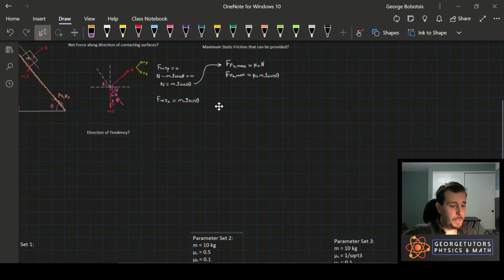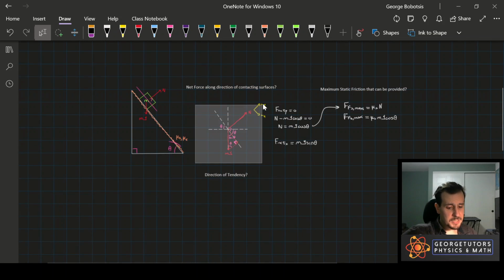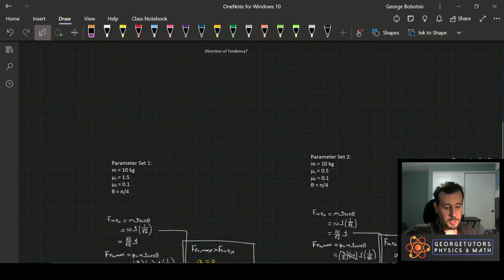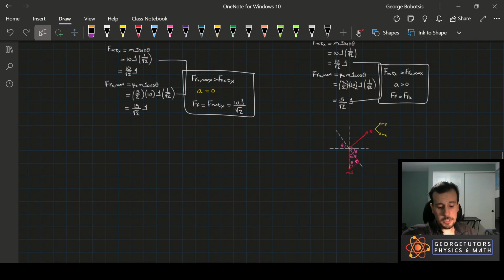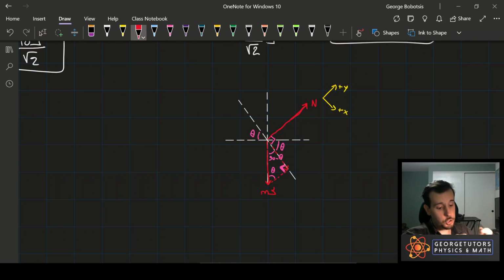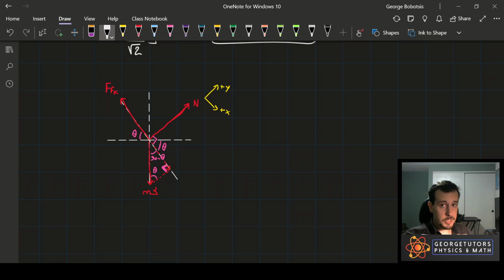Well, you'd have to go back and take the free body diagram that you made earlier, and now you would introduce the force of friction in it. It has been determined now that it's going to be the kinetic friction, and of course it's going to be acting against the tendency of F net X, which was to drive the box down and to the right. So we have this setup right now, which we need to resolve.